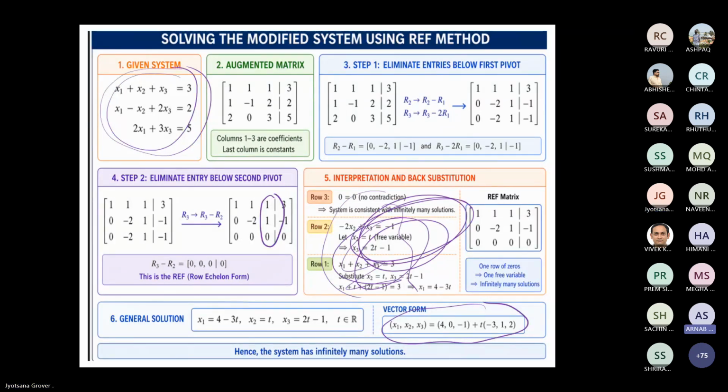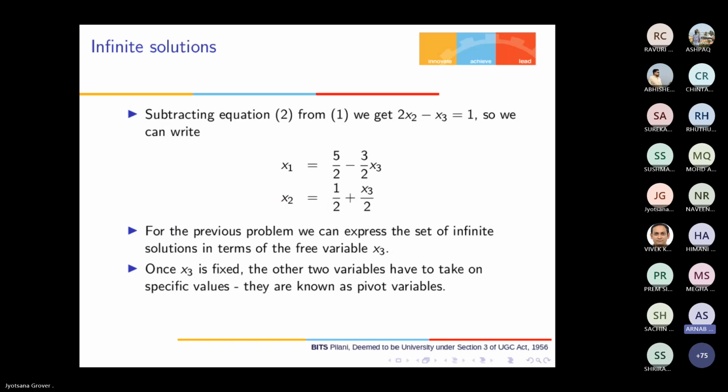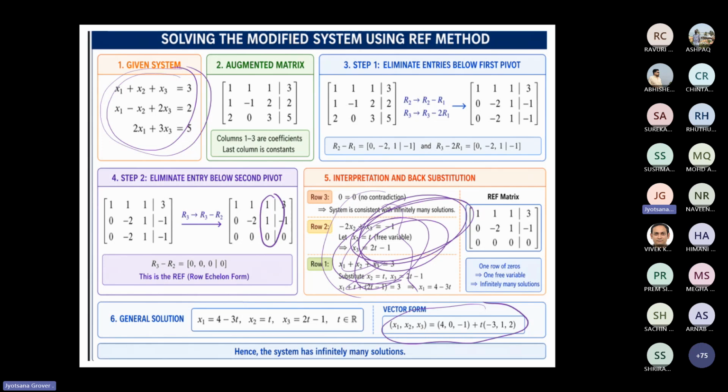That's why it is better we take x3 equal to t, because x3 is a free variable. x3 corresponds to the third column, which is not a pivot column. This corresponds to x3, this to x1, this to x2. So treat x3 as your free variable.